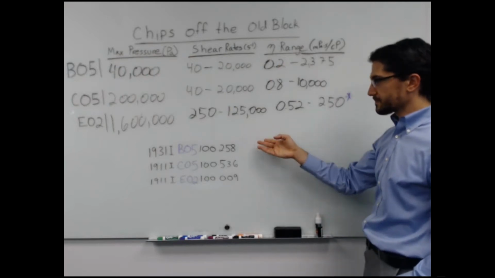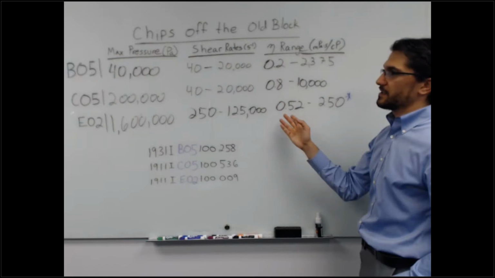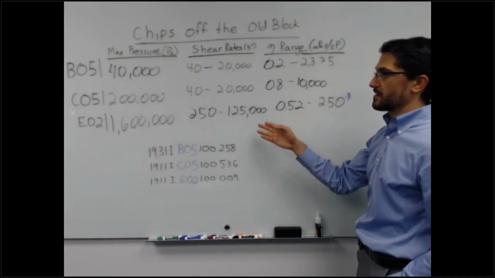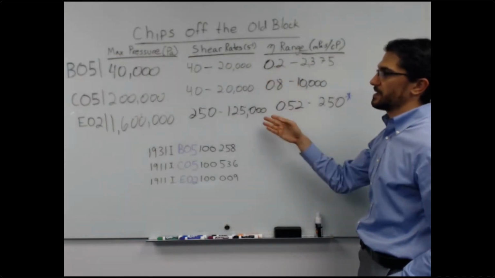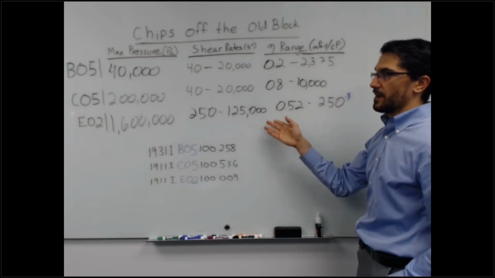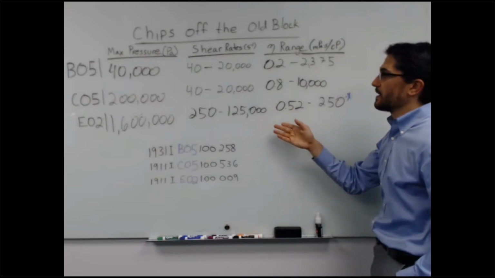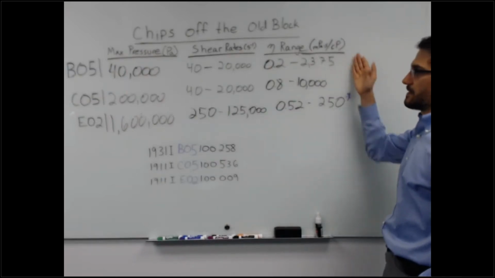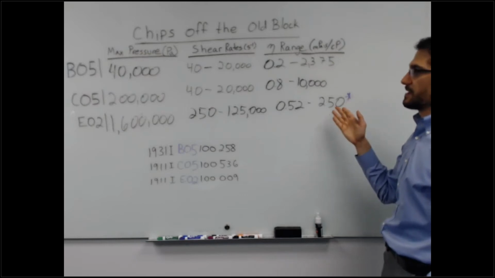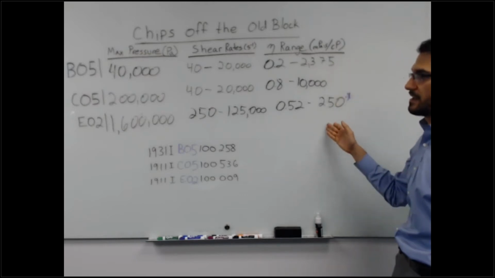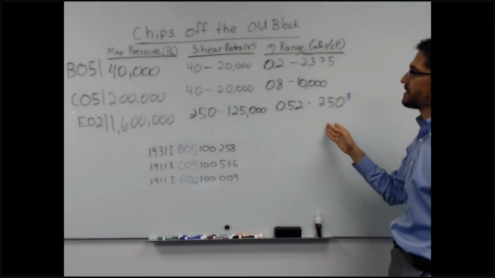And so finally, the combination of the maximum pressure that the chips can withstand, as well as the shear rates, which are dictated primarily through the channel depth, can tell you which viscosities your sample can be while still being measured on each specific chip.